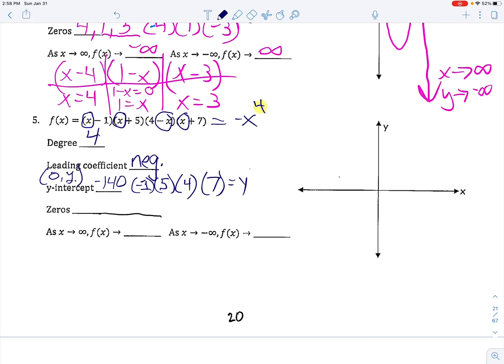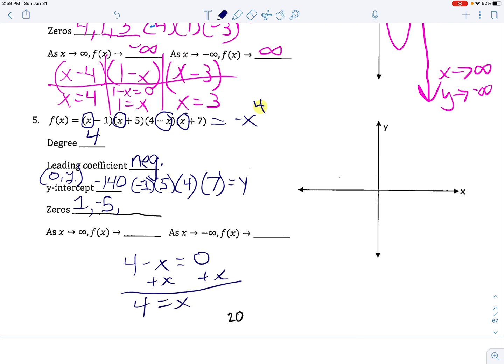The zeros now are the x-intercepts, where it crosses the x-axis. So basically, you can just set those factors equal to 0. x minus 1 equals 0. So, isolate for x. 1 is a root. x plus 5 is 0, so -5 is a root. 4 minus x equals 0.